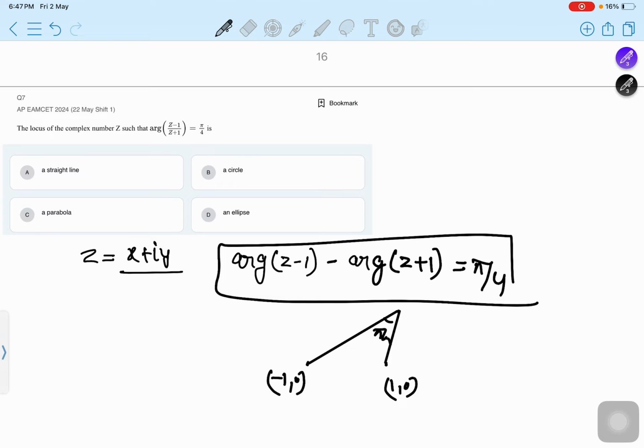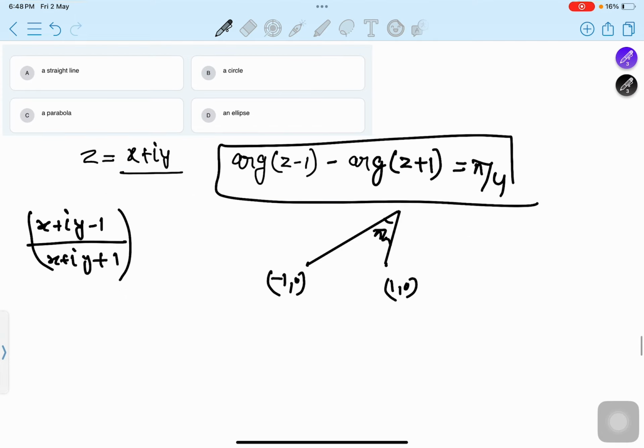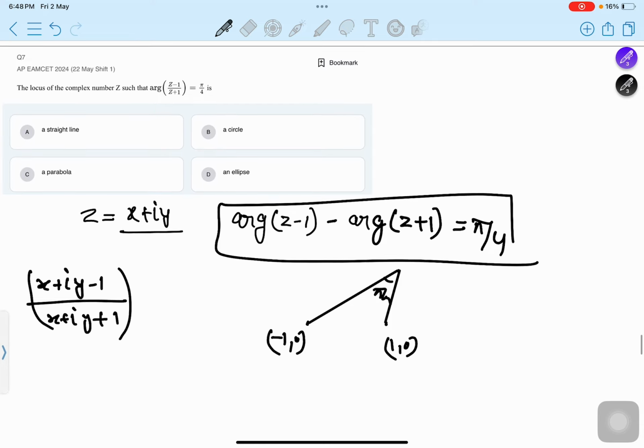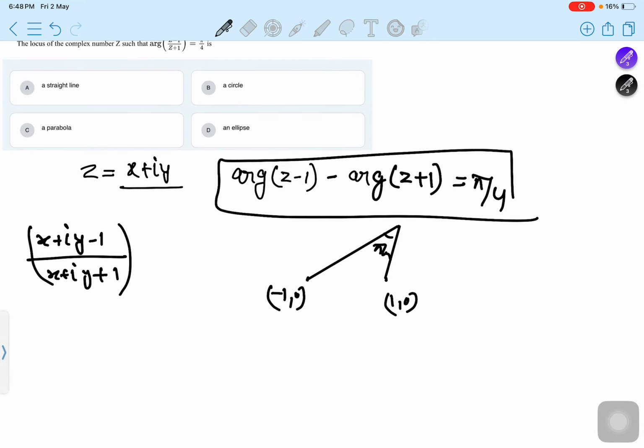Okay, I will explain: z is replaced by x plus iota y, and then solve that. So that time it is (x plus iota y minus 1) upon (x plus iota y plus 1). Now the argument of z being pi by 4 means the real part is 1 and the imaginary part is also 1.